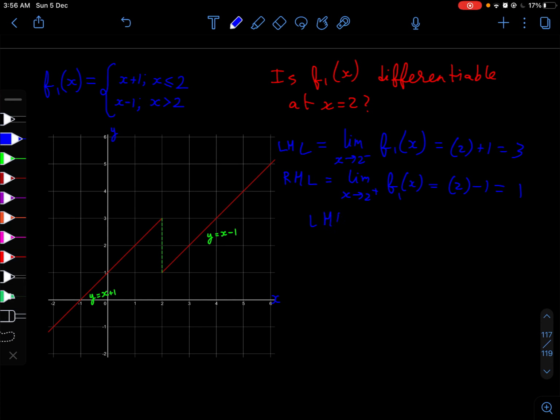Now clearly the left hand limit is not equal to the right hand limit, therefore f1 of x is not continuous at x equals 2, therefore it's definitely not differentiable at x equals 2.